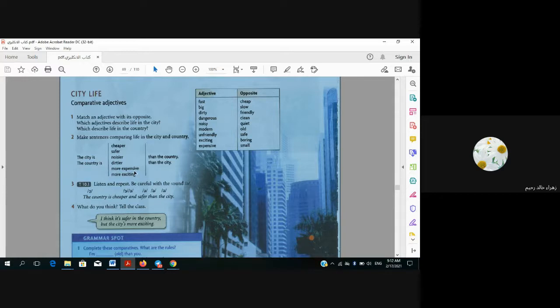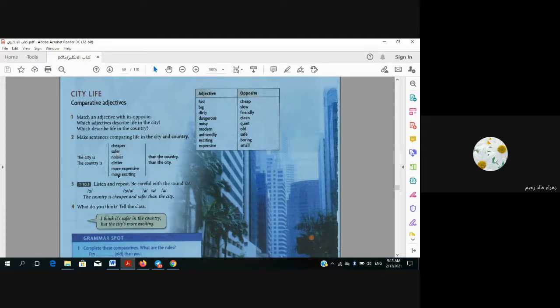In the superlative case, if we have an adjective with one syllable, for example safe, and we want to make it superlative, we put est at the end of the adjective, so it becomes safest or cheapest.